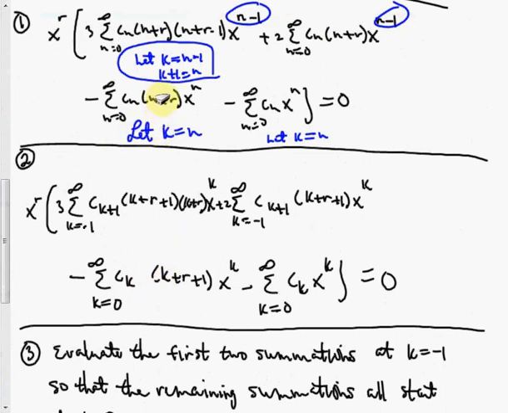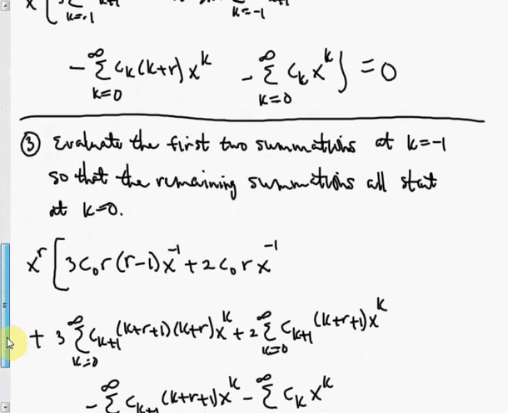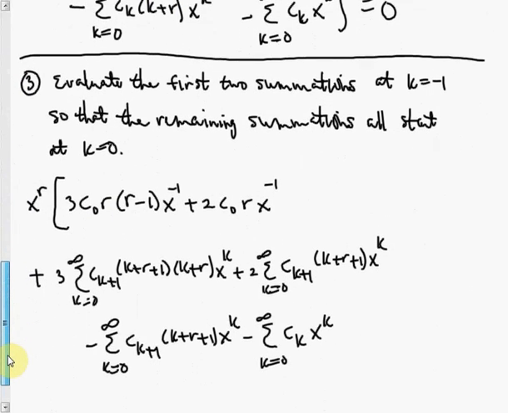And then this is just k plus r. Got to be more careful. C sub k times k plus r times x to the k. It's that third summation that I didn't finish correcting.